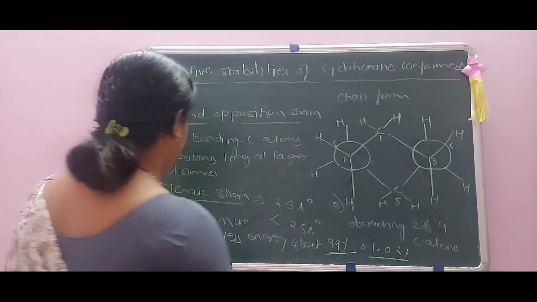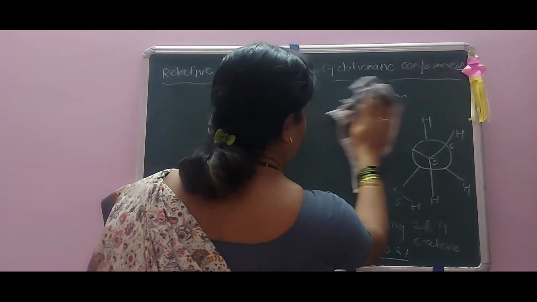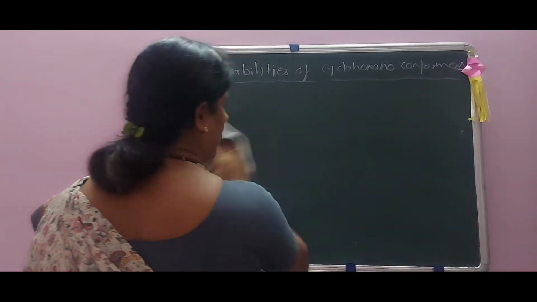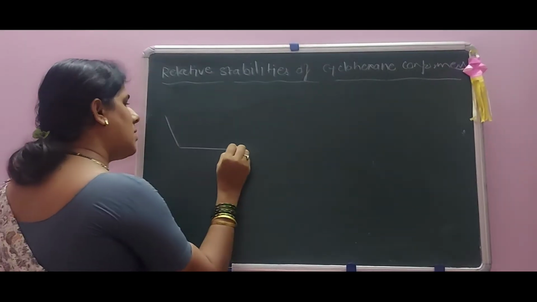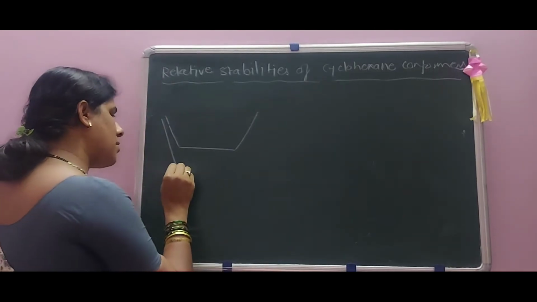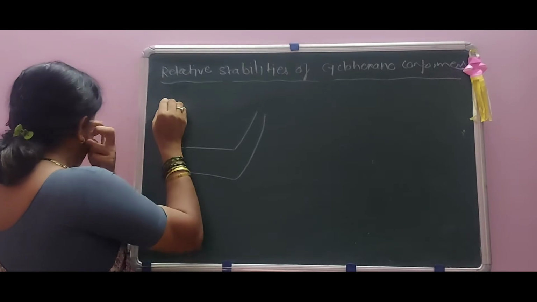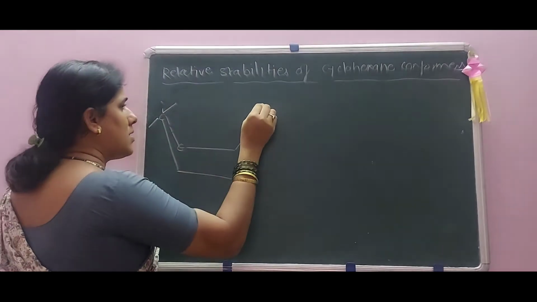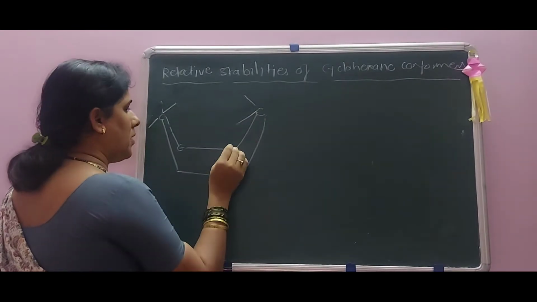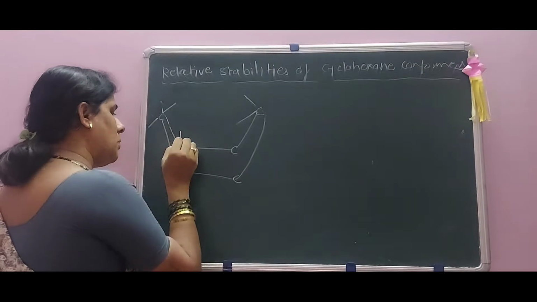See here. Boat form. This is the original boat form. Already you have seen this boat form here. These are the hydrogens here. This is C. Here also.